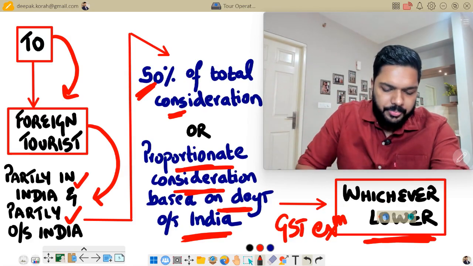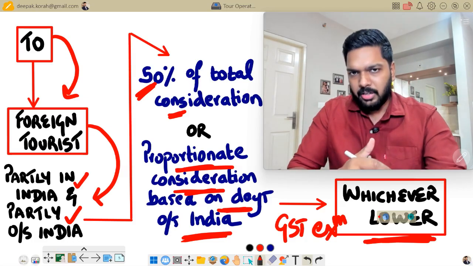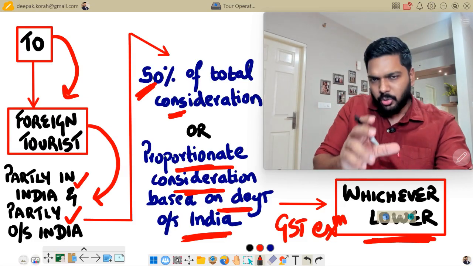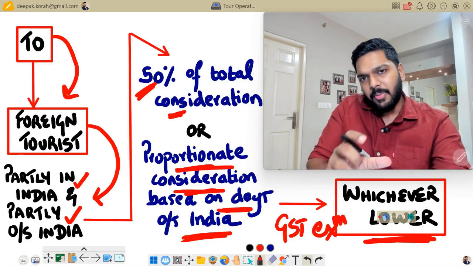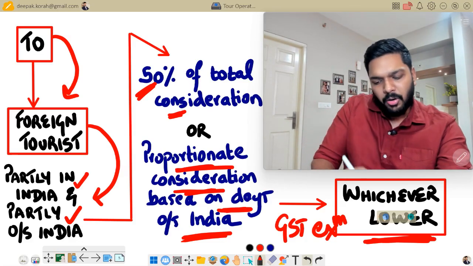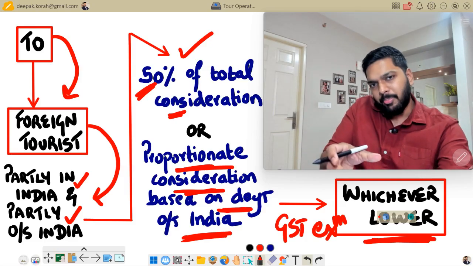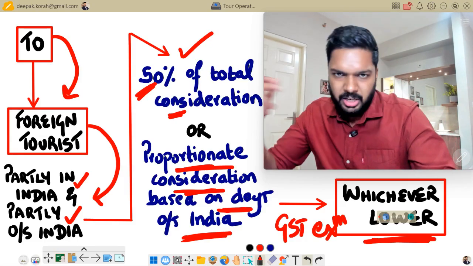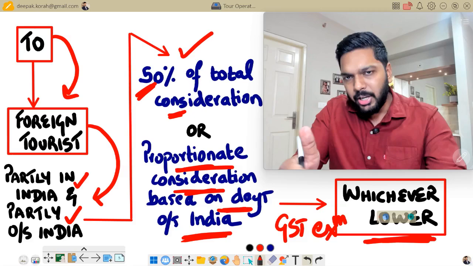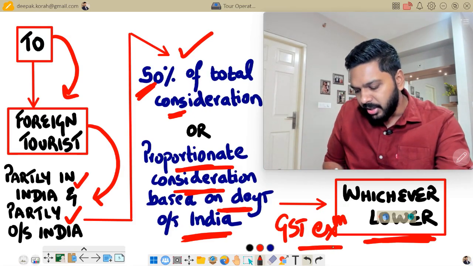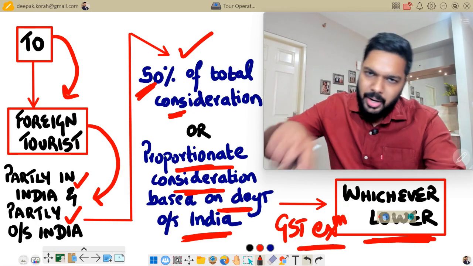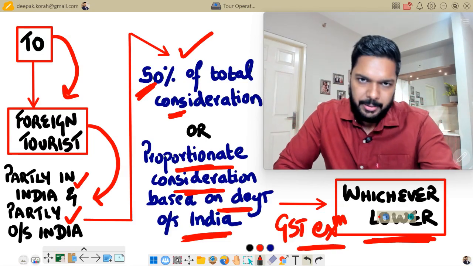In other words, if a foreign tourist is availing service from a tour operator in India and the tour is partly in India, partly outside India, then you calculate the value of 50% of the consideration or the value proportionate to the number of days when the tour is being done outside India. Whatever is that value will be exempt under GST, no GST, and on the remaining amount, GST will apply.